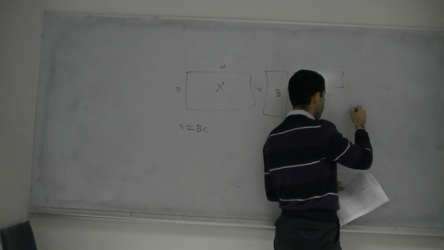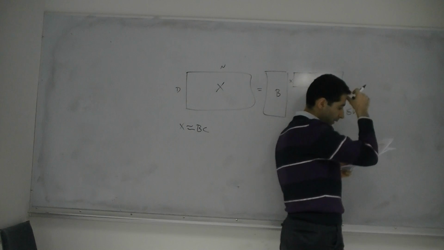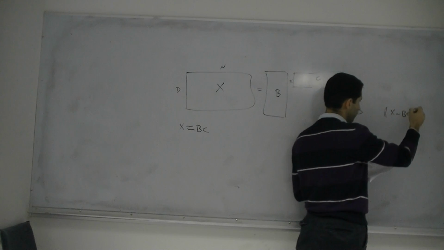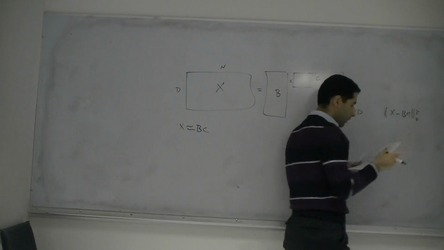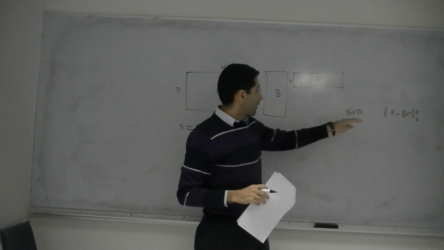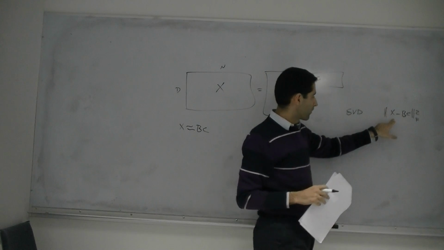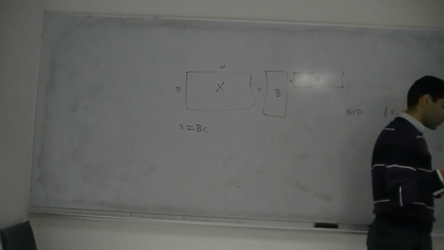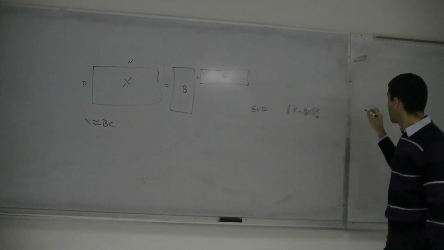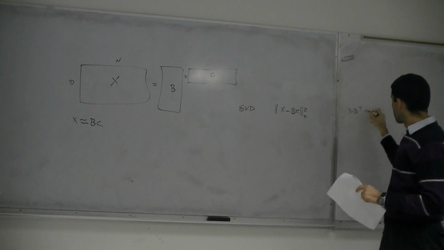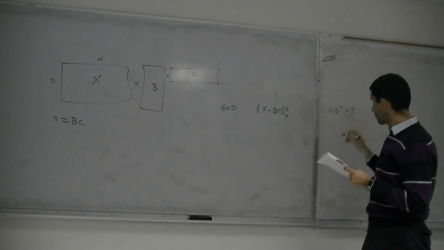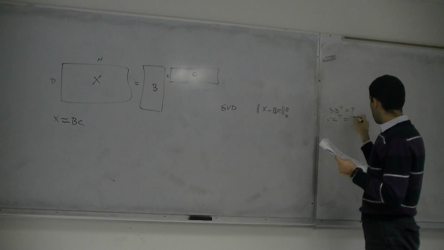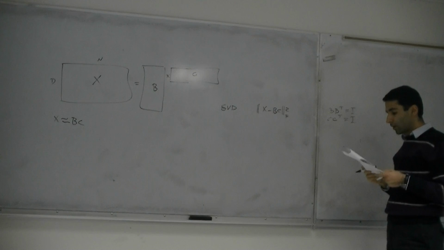For example, in SVD, this is the Frobenius norm between X and B multiplied by C, and there are also some constraints: B multiplied by B transpose must be identical, and C multiplied by C transpose must be the I matrix.